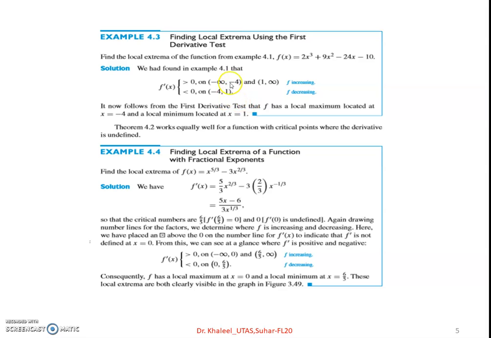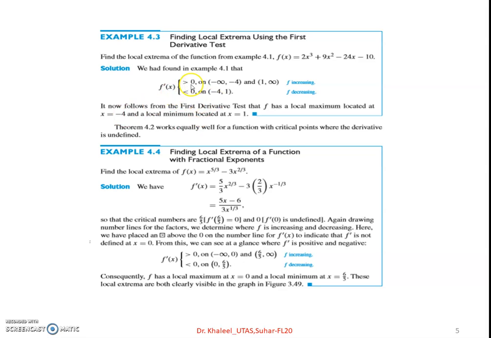What we do, we combine these two. So f prime x is greater than 0 from here to here, f prime x is less than 0 from this to this, this -4 is c here, which is common. Therefore, it is increasing, decreasing. Therefore, f has local maximum at x equals -4 according to the first derivative test.